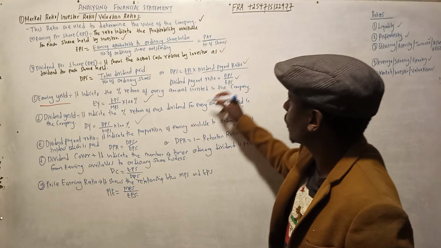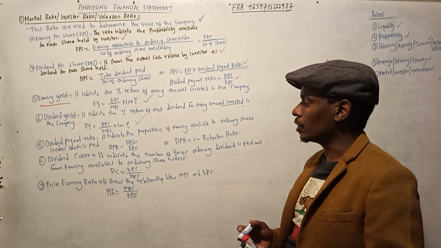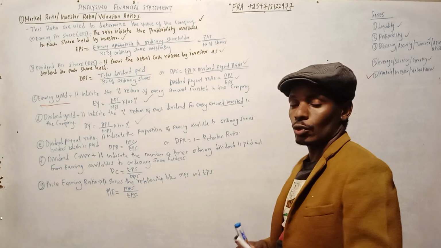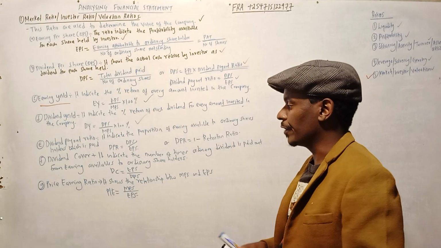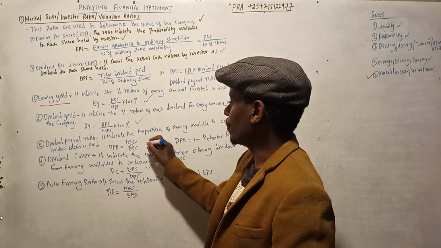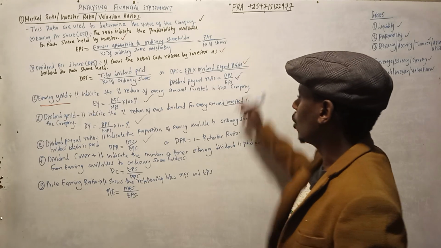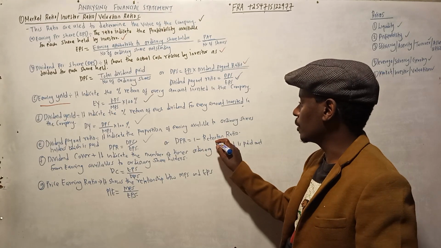Dividend payout ratio: it is the proportion of the earnings which is available to the investor, the amount that is supposed to be paid to the investor. So dividend payout ratio is equal to DPS over EPS, or you can take 1 minus retention ratio.